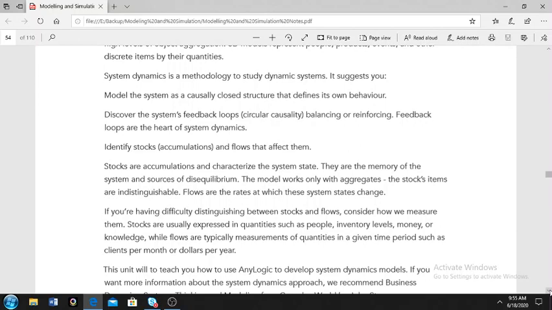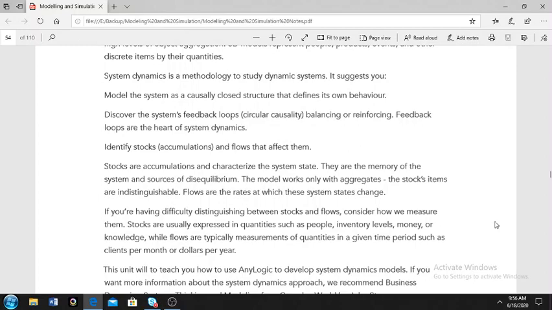We are going to see that with an example, but before we get to a stock and flow diagram, we have causal diagrams. In causal diagrams, we have feedback loops between different variables and constants in the system. So we are going to see that in detail.